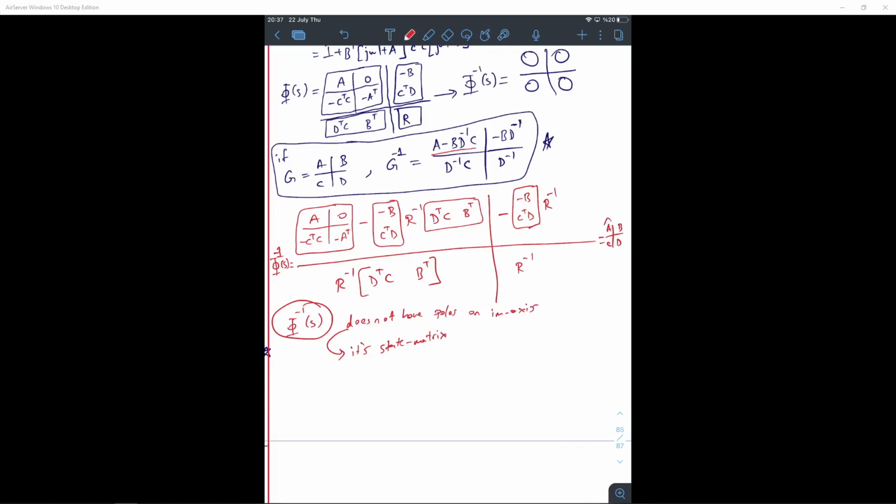Like A hat, B hat, C hat, D hat, right? Its A matrix doesn't have eigenvalues located on the imaginary axis, right? So its state matrix doesn't have lambdas on j omega.